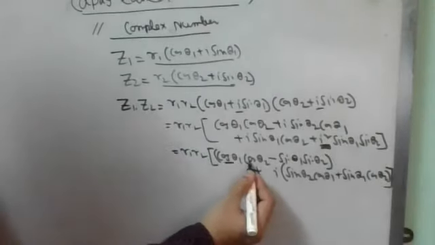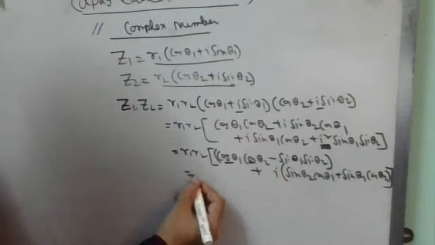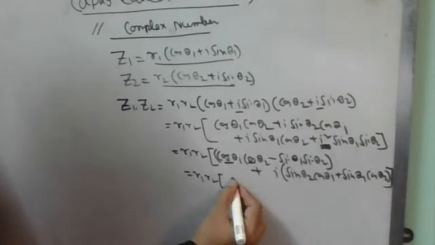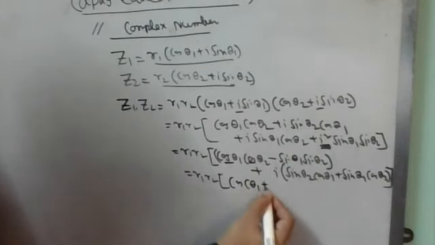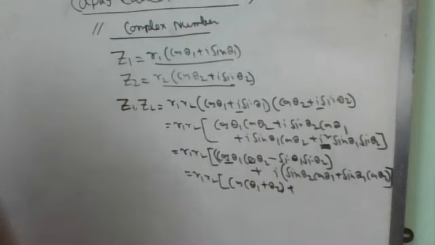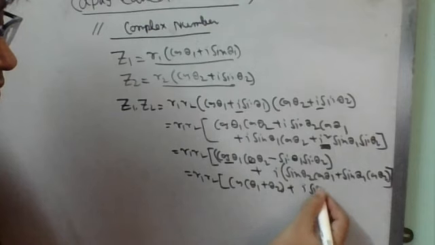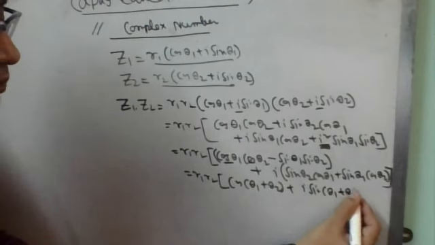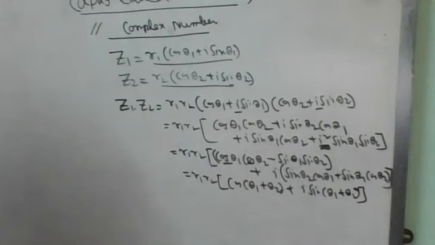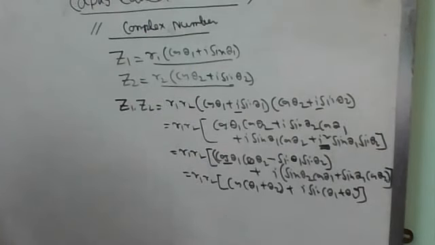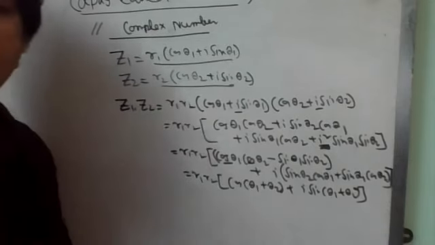So what formula does it remind you of? Cos A cos B minus sin A sin B is cos(A + B). And what formula does this refer to? Sin(A + B). So one conclusion I can draw.